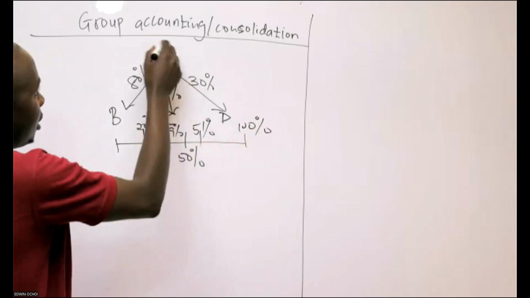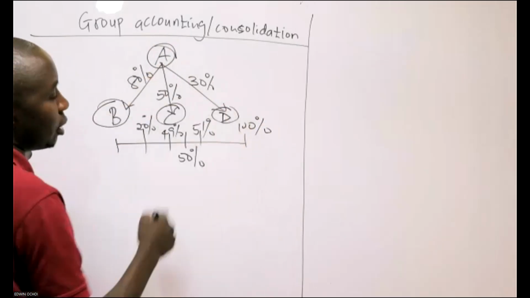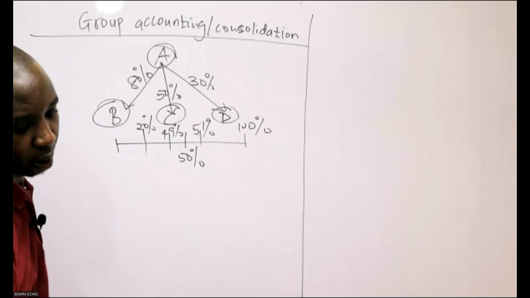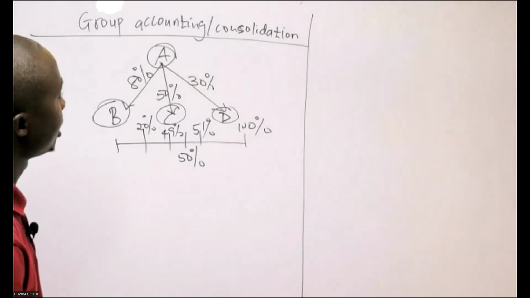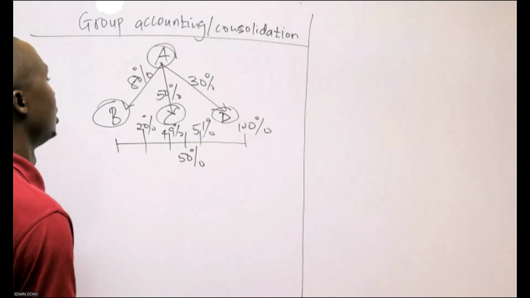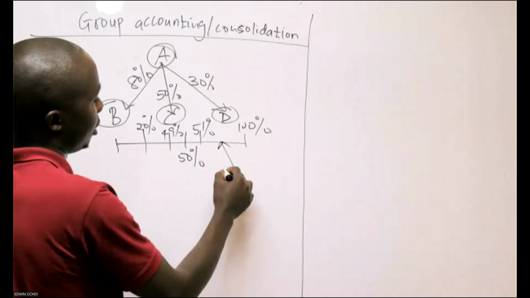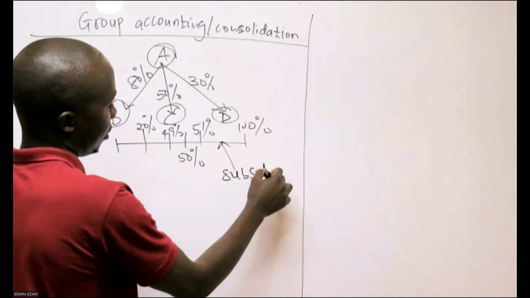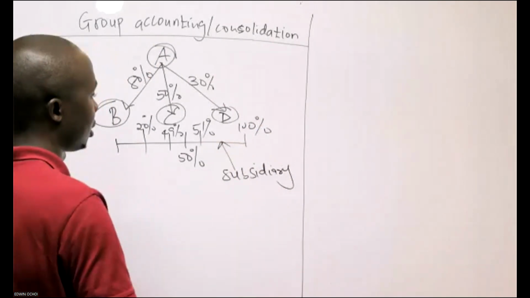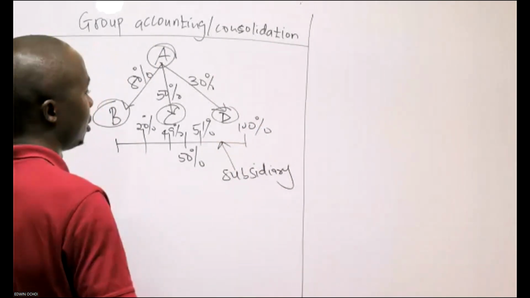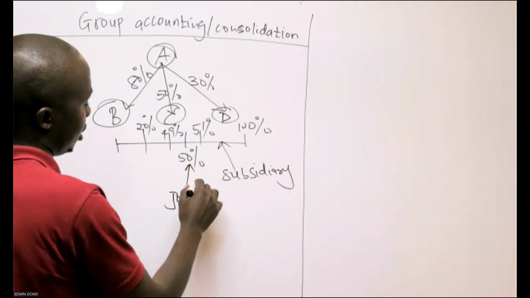So remember that this is the acquirer company. These are the acquirees, the investee companies acquired by the parent. If the percentage of acquisition lies at 51% to 100%, this one will be a subsidiary. So the acquired company whose percentage of acquisition lies at 51 to 100% is a subsidiary. This is a joint venture.